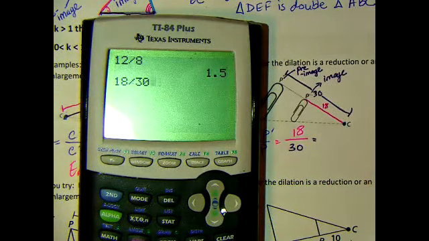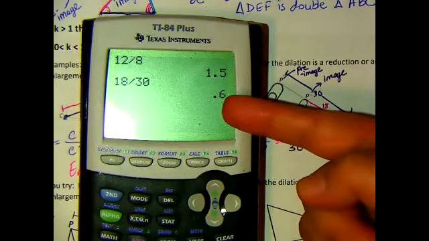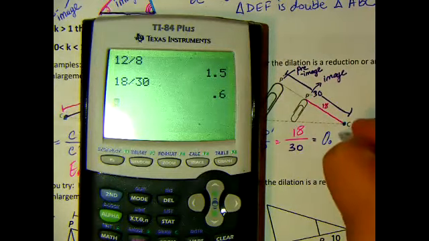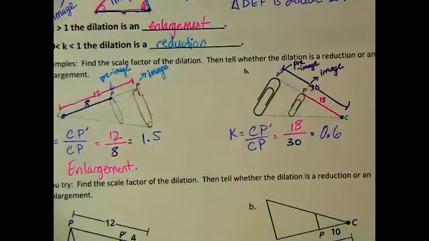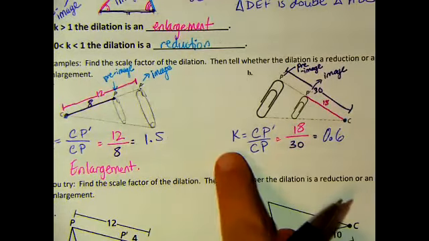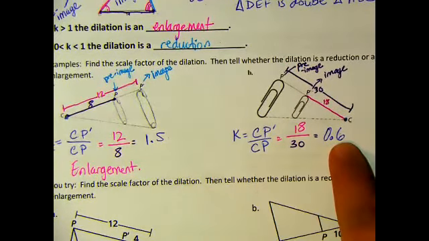I don't switch it up just because 30 is bigger. So it's 18 divided by 30, which gives me a 0.6. So I have a 0.6 as my scale factor here. Okay, so my scale factor K is equal to 0.6.